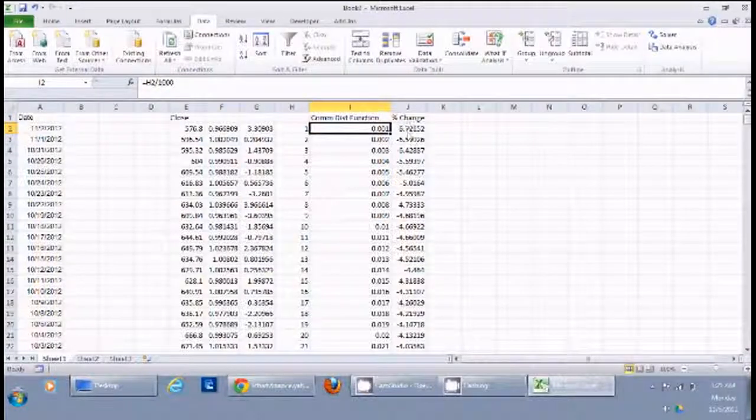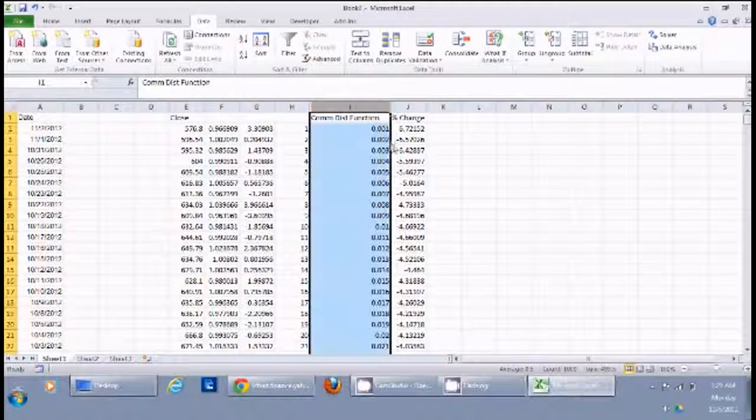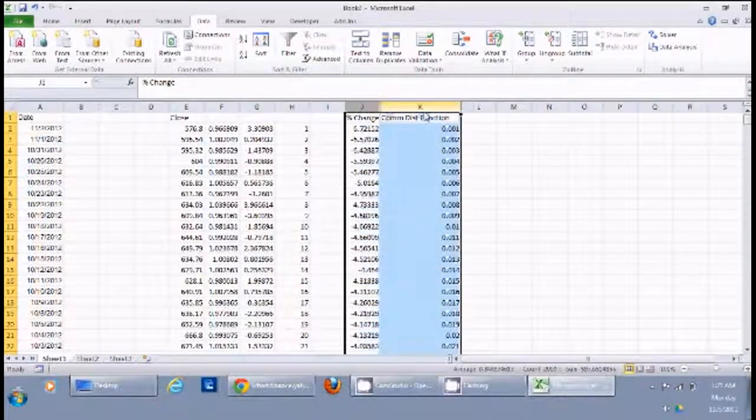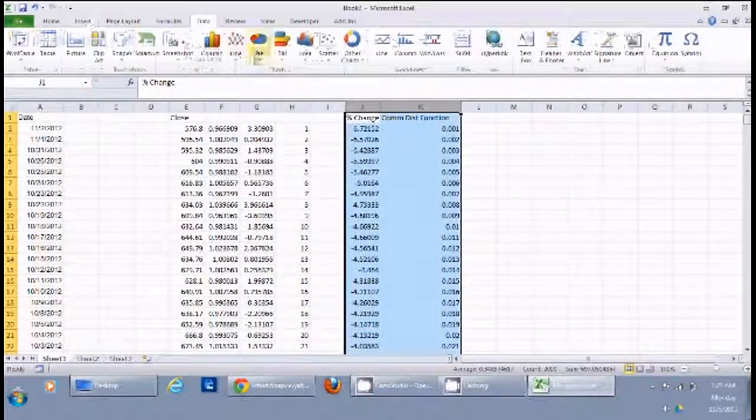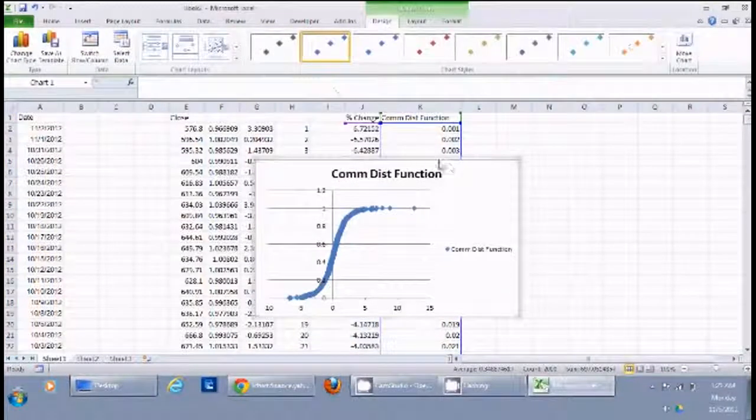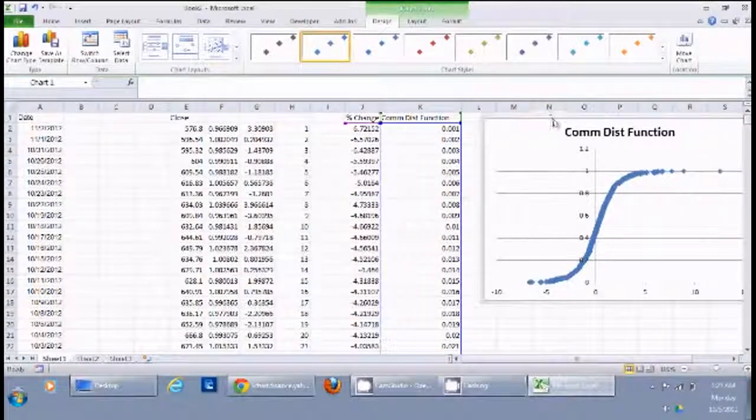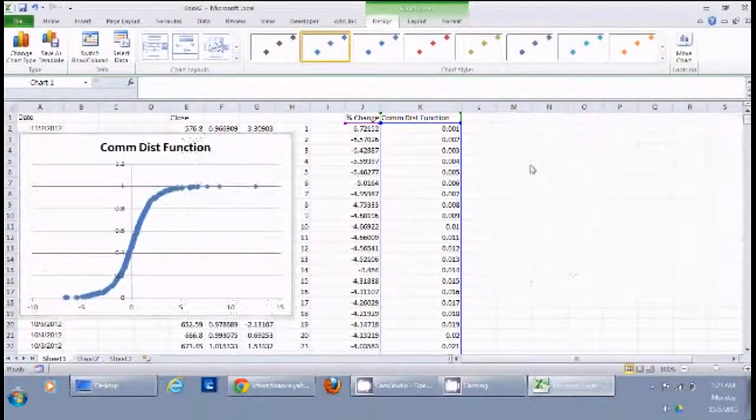So I can plot these two. Let me move this here, and now I can plot these two columns and get this cumulative distribution function for the stock of Apple. This curve could be difficult to read, so I can also write a function here.